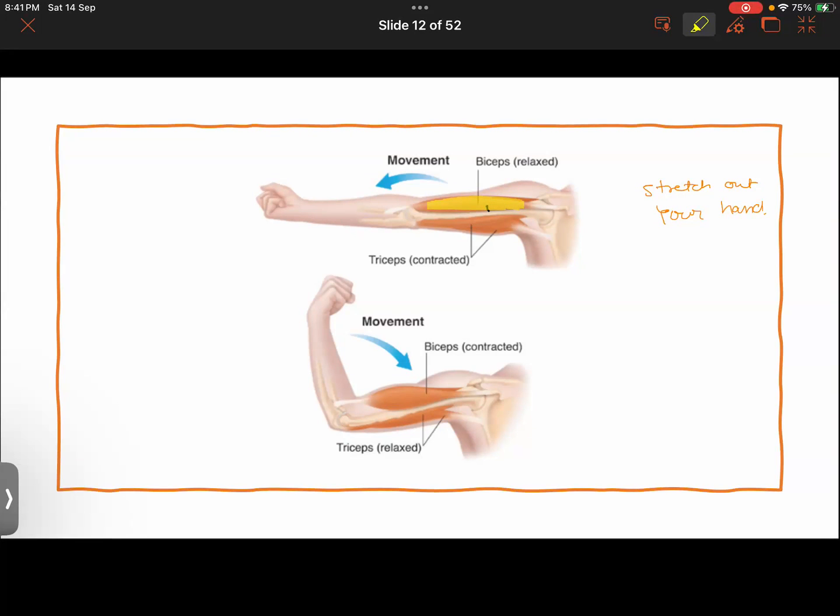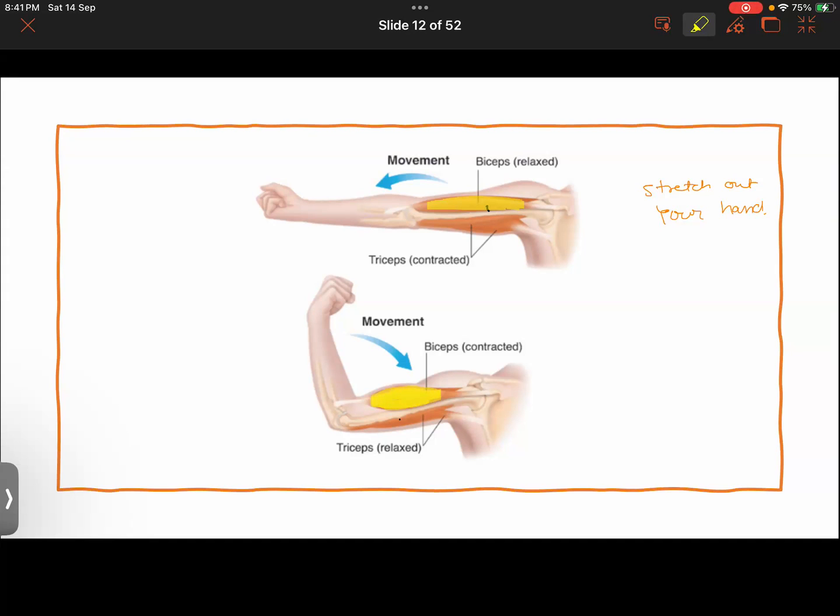But when you bring your arm like this, there you observe that the biceps will be contracted, and it can be observed from this that the size of the biceps will increase. While at this time, what happens? The triceps are relaxed.